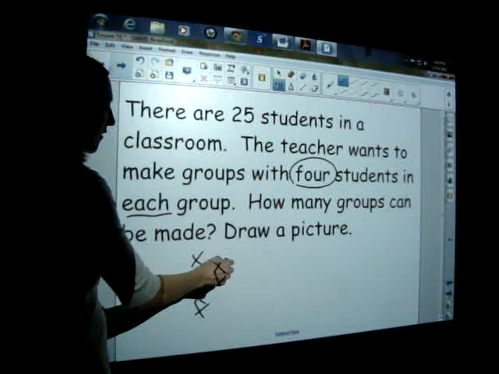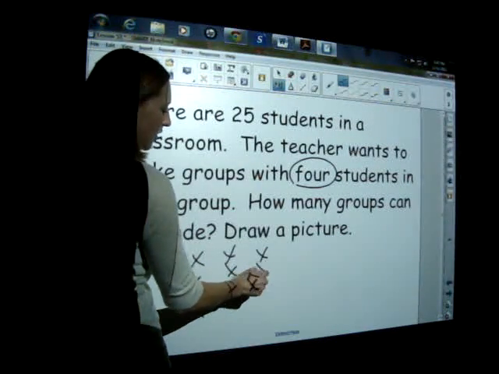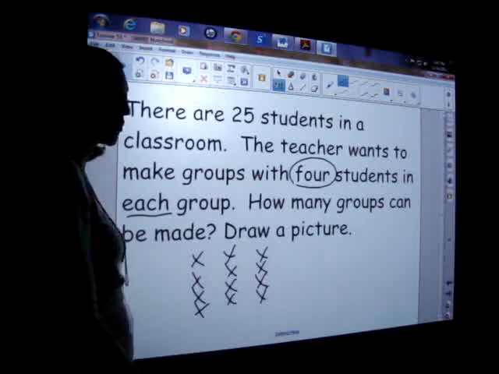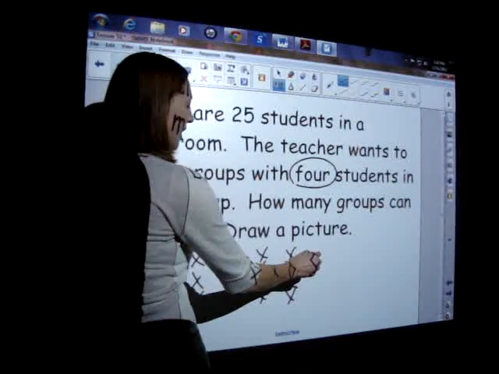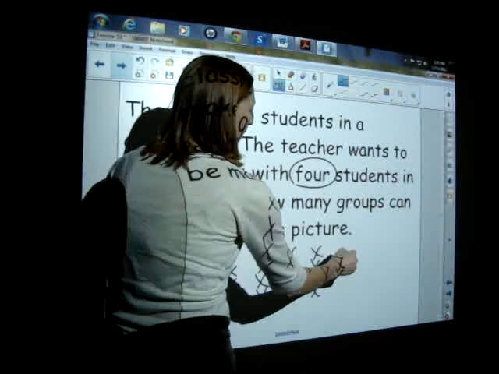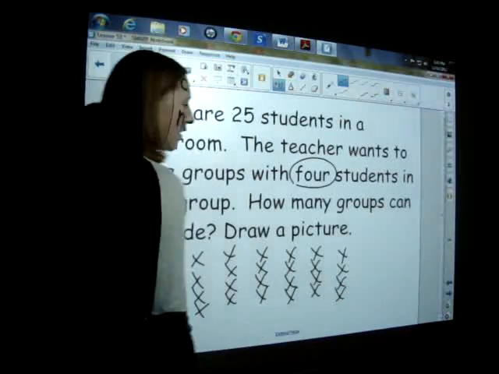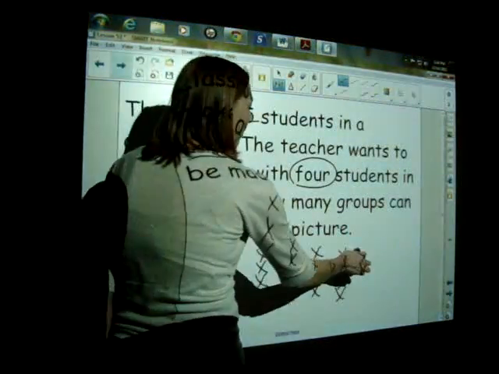So there's 4. There's 8. There's 12. There's 16. There's 20. There's 24. But we're not done because we have to get to 25.